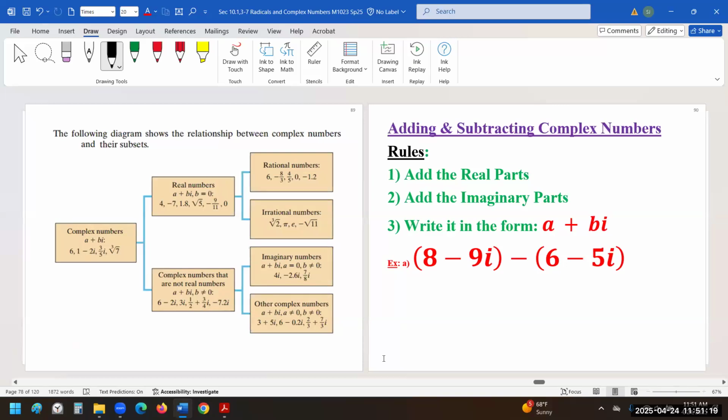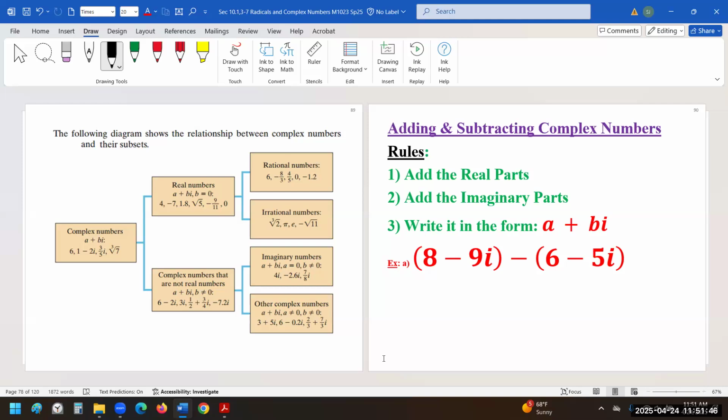For example, here, we have a complex number 8 minus 9i, and we're subtracting another complex number 6 minus 5i. It's just like variable x. You treat i as a variable x, and then you do the exact same thing. But anytime you have i squared, you have to make sure to turn this into -1.